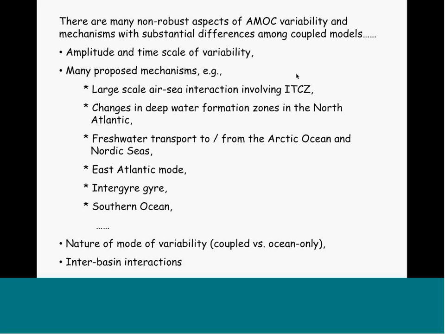On the issue of model variability, again, it is quite model dependent. Some models show coupled, some models show ocean-only transport. And ocean-atmosphere interactions are also both. In some cases, the variability or changes in the Pacific tend to lead the Atlantic basin.